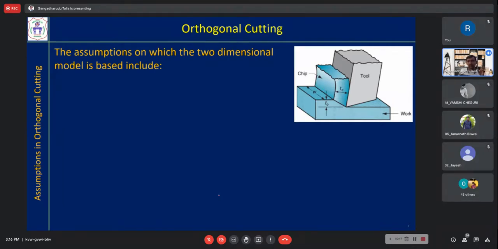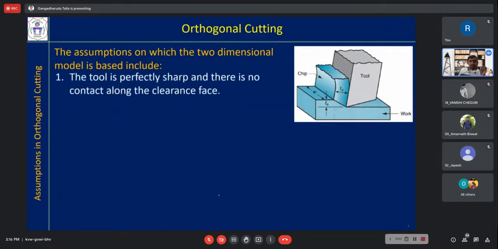There are many assumptions in the orthogonal cutting process. You can see we assume that the tool is perfectly sharp and there is no contact along the clearance face. So this cutting edge is perfectly sharp and there is no contact in this area; the flank surface is not at all in contact with the workpiece.